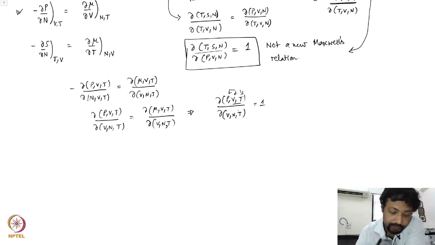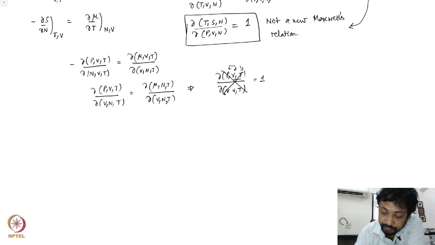I'm sorry. This is the part where it went wrong. So this is mu comma N comma T because I have mu and T, and this is V and T, and therefore this is not the right equation we are looking for.